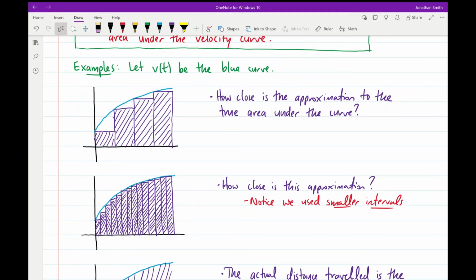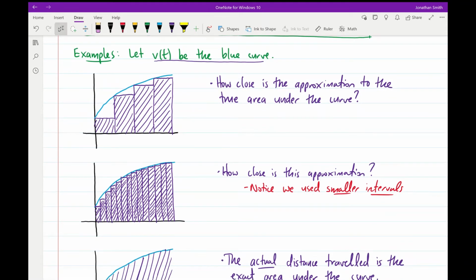In each of these examples that I have drawn here, the velocity curve, v of t, is going to be the blue curve. And in this first example, we can ask how close is our approximation to the true area under the curve after we've drawn these rectangles. So remember that these rectangles represent a lower or an upper estimate of the area under this curve here.